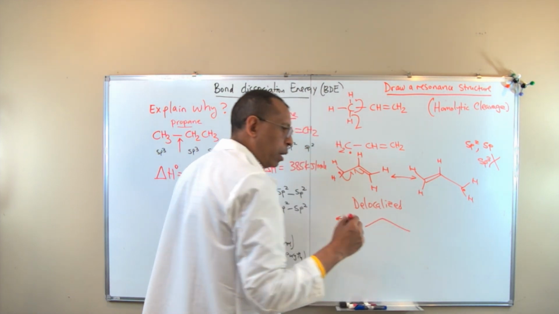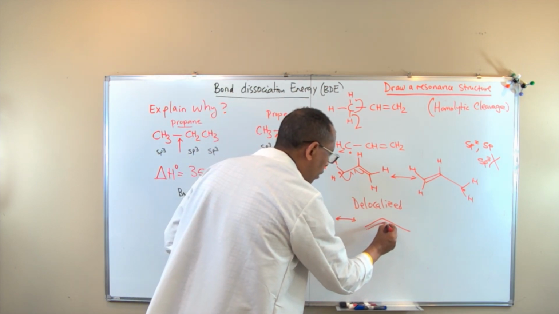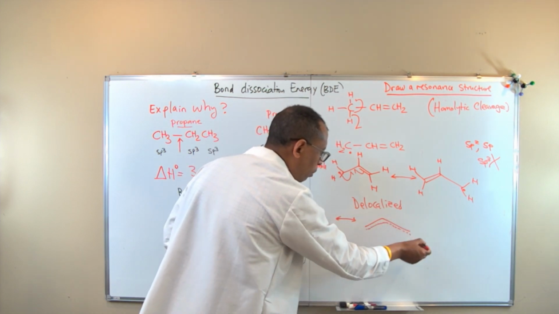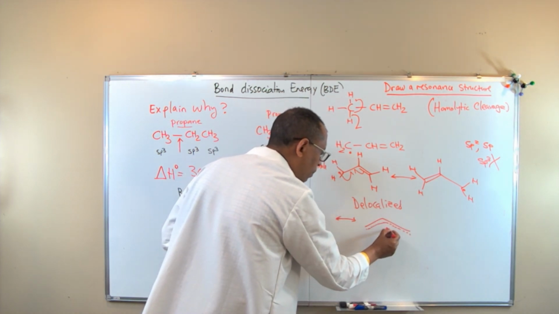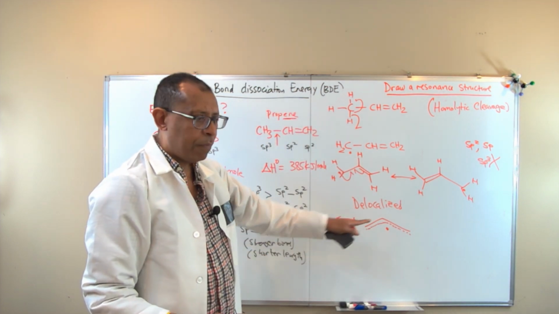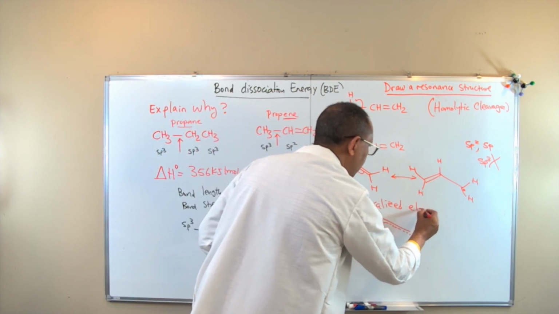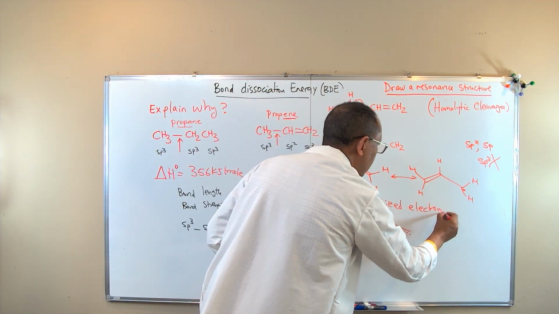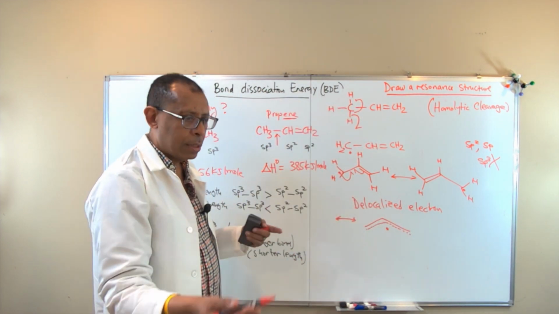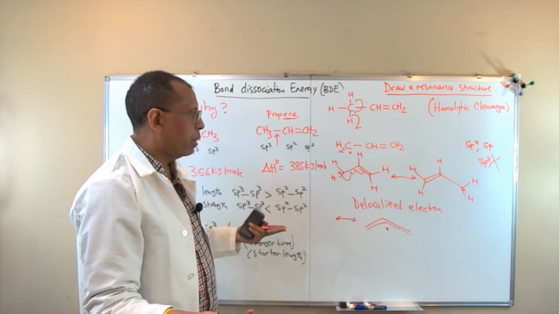So what we do in organic chemistry is this: this is a flow of electron, and what is moving back and forth is this. So this is another representation of the delocalization. So delocalized electron. That's what resonance actually does. It delocalizes the free radical or the charge or the pair of electrons.